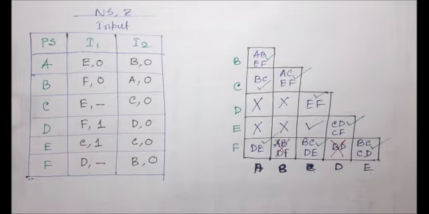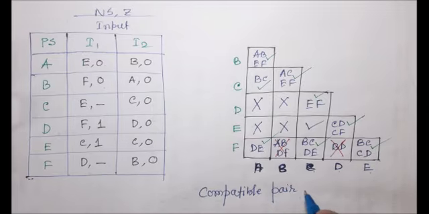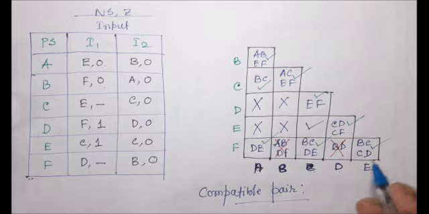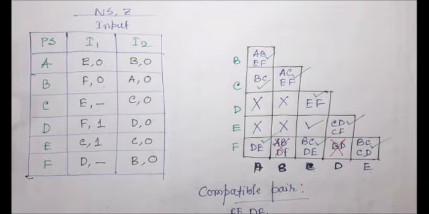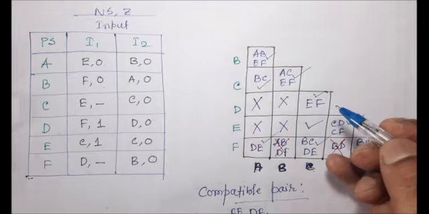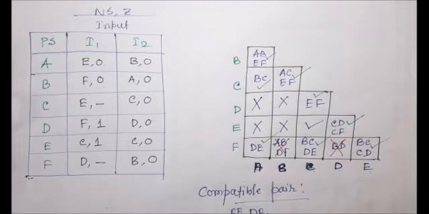So let me write the compatible pairs, so you can also reduce. So here, I am just writing from the rightmost column. So first is FE. Okay, so FE again. So this cell is called DE, so DE, and this cell is CD, or you can write CE first, CE, CF and CD.